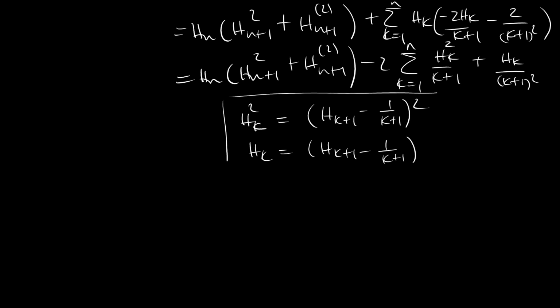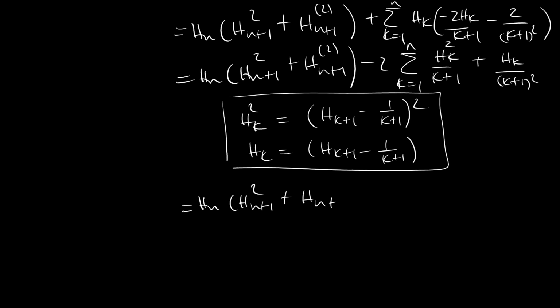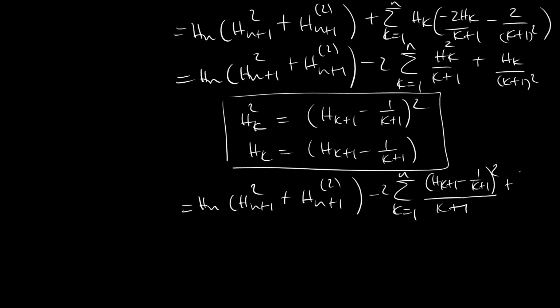So using these substitutions, we can plug it into our equations, the summation from k equals 1 to n of hk plus hk minus 1 over k plus 1.